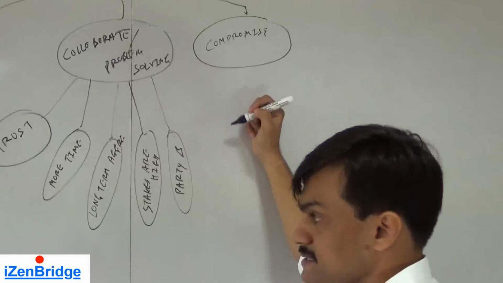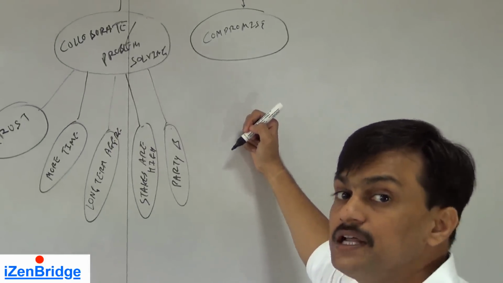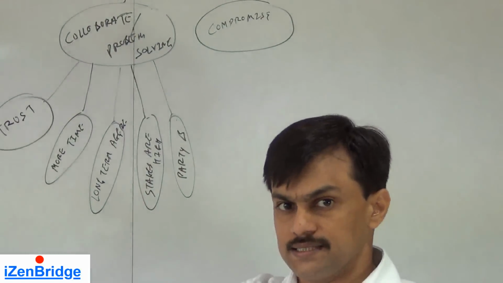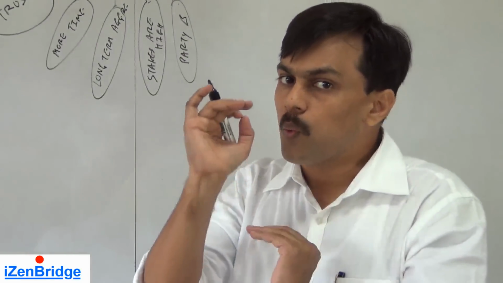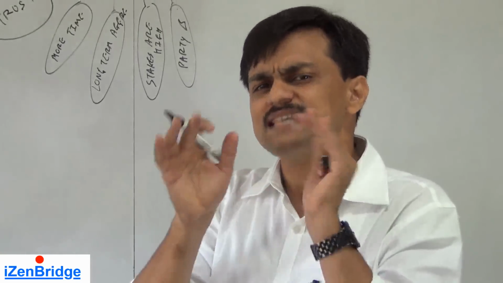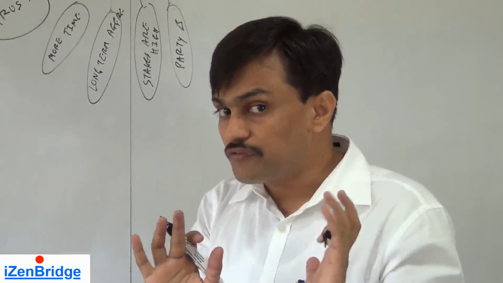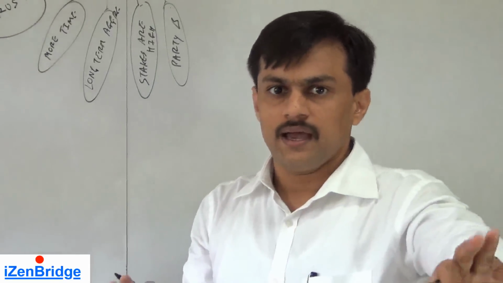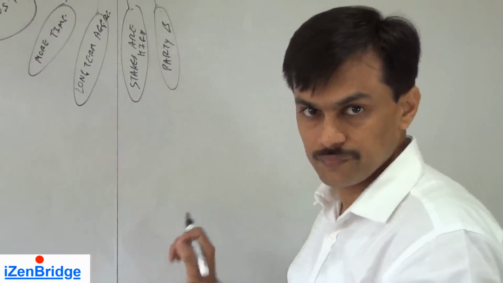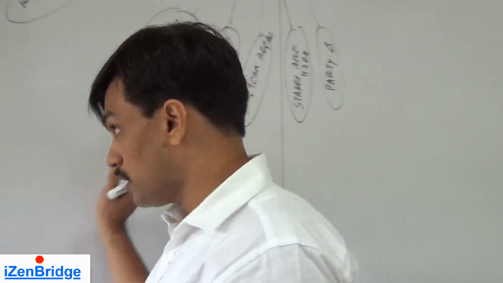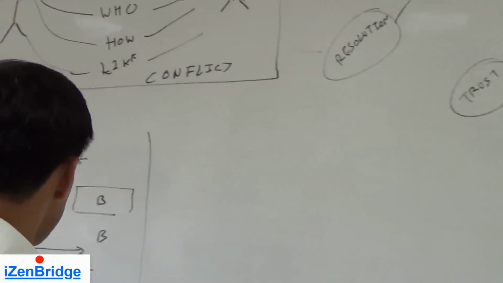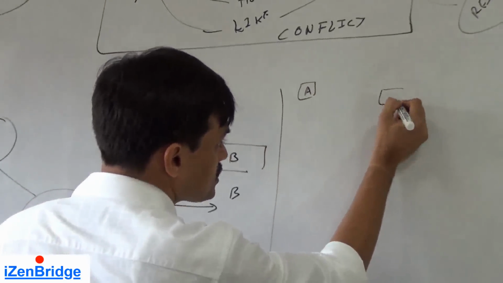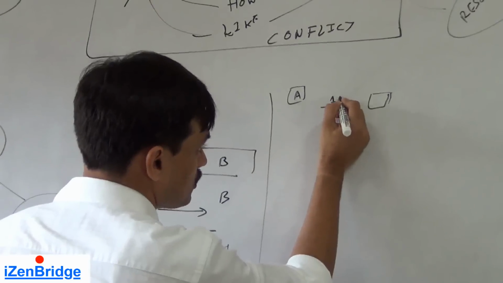Now in a compromise, we try to find a middle ground. Rather than going into too much detail, we try to find a solution which is acceptable. It may not be the best, but it is acceptable to both parties, and we take that and move forward. So let's take an example for compromise. Say there are two people and they want to have a meeting for 1 hour.